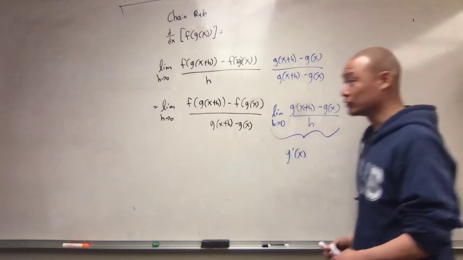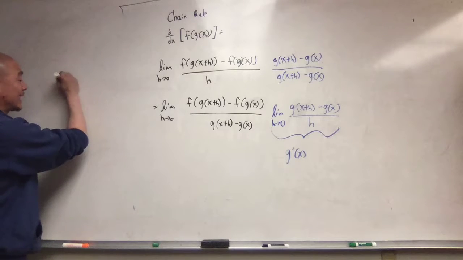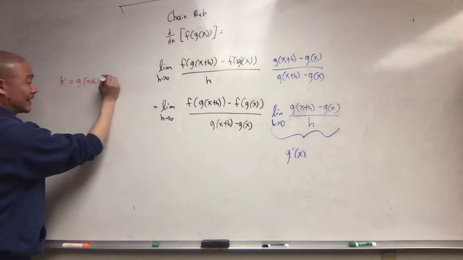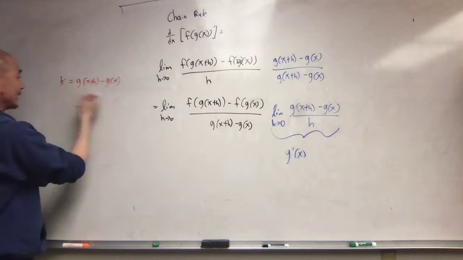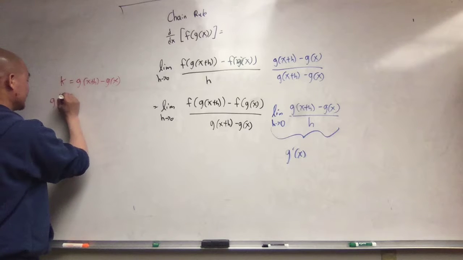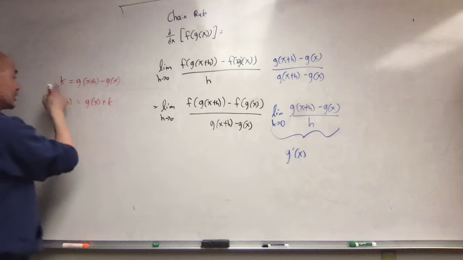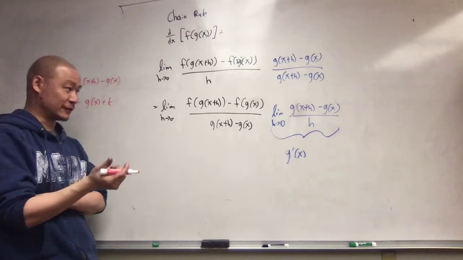So I'm going to introduce a new character to this game, and I'm going to call k equal to g of x plus h minus g of x. And what that also means is that g of x plus h is g of x plus k. I'm just going to use k as a placeholder to represent that difference.